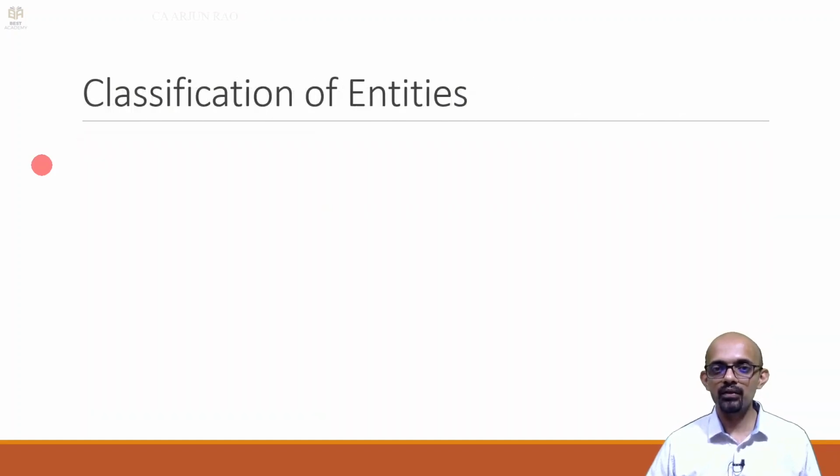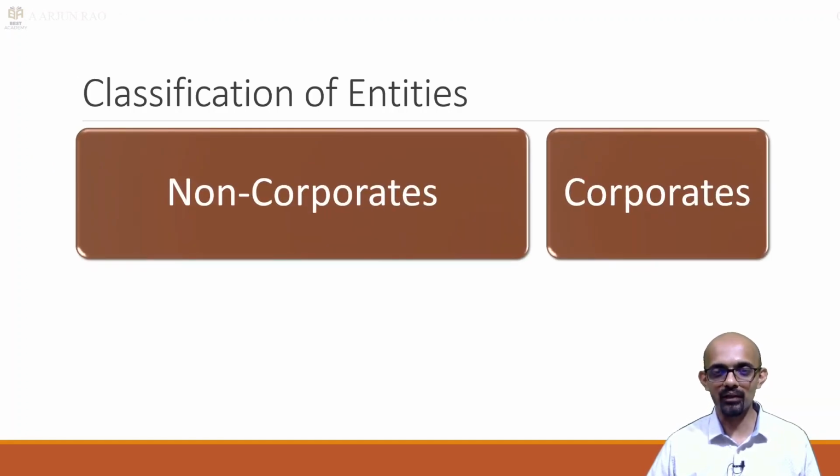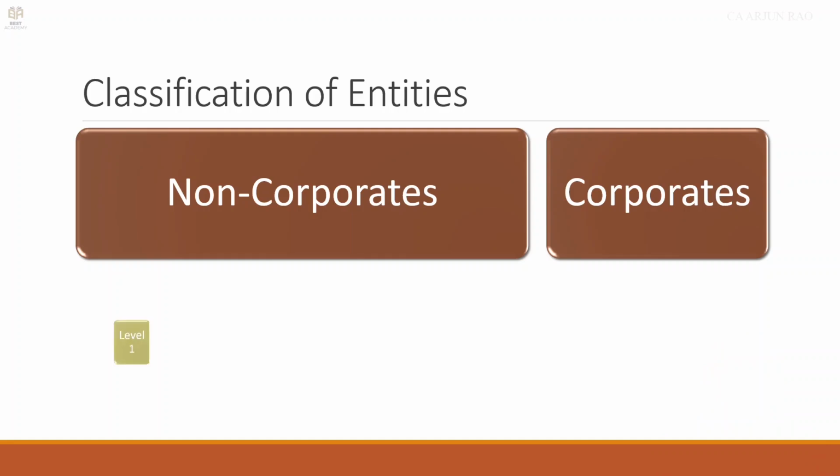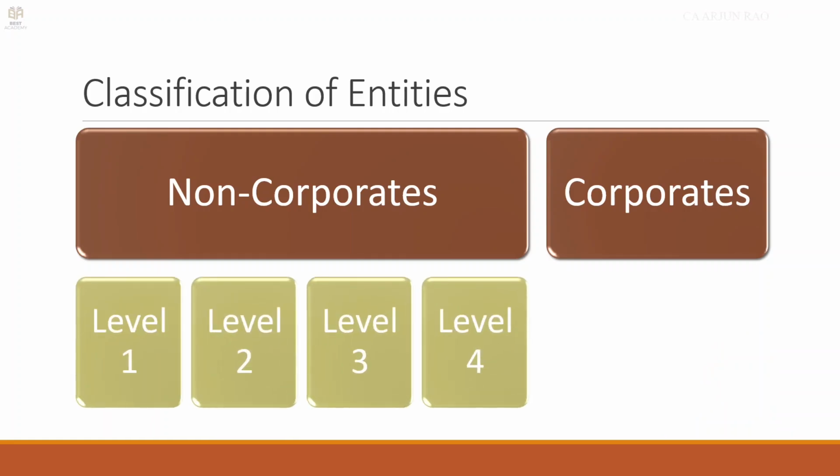So for the purpose of giving exemptions and relaxations, entities are classified into different levels. This classification is different for non-corporates and corporates. For non-corporates there are 4 levels and for corporates there are 2 levels. The levels for non-corporates are level 1, 2, 3 and 4.